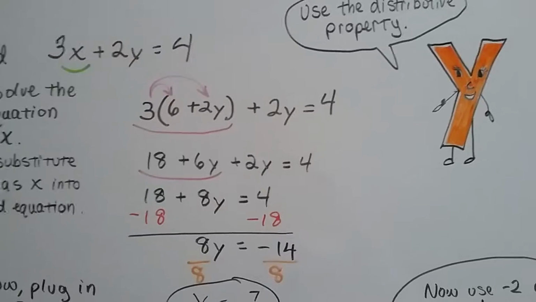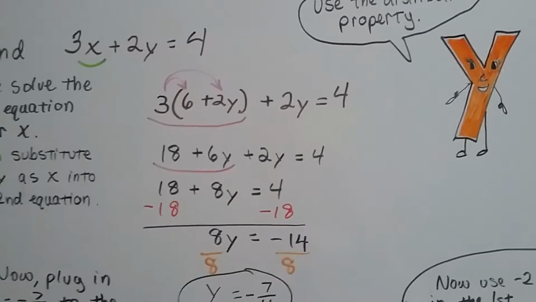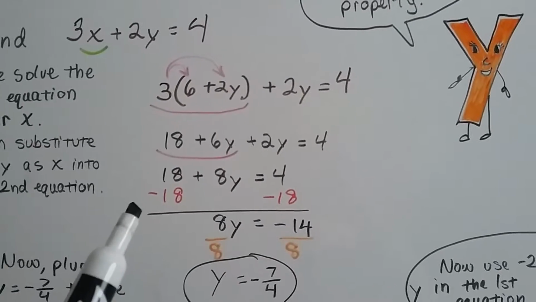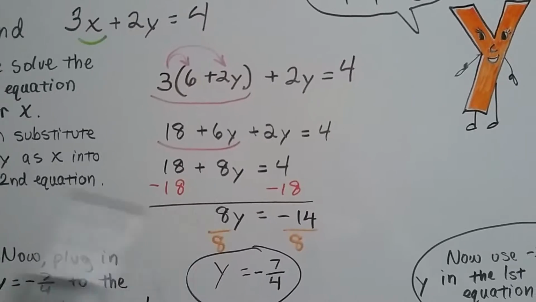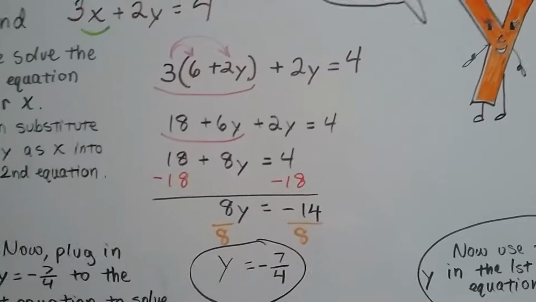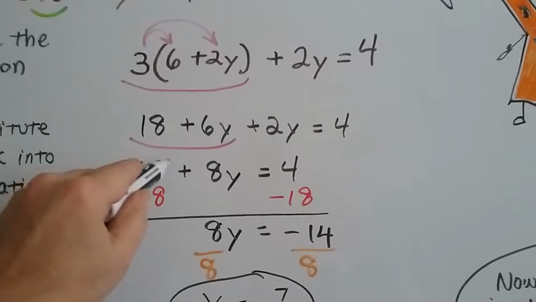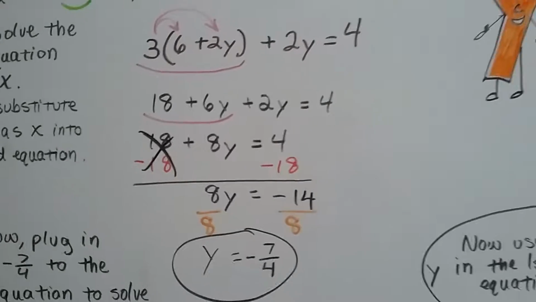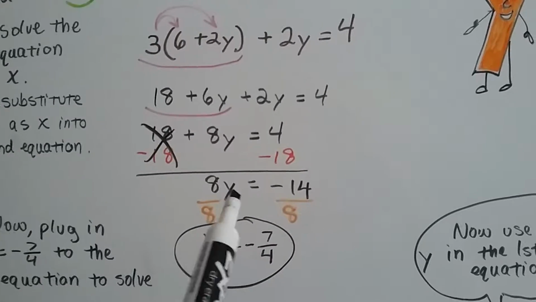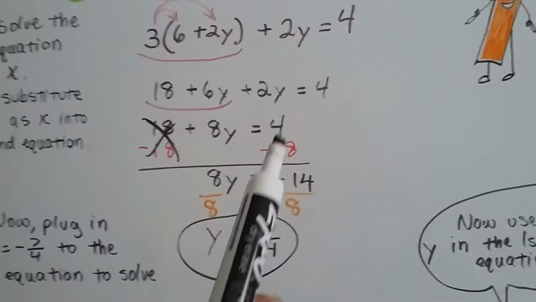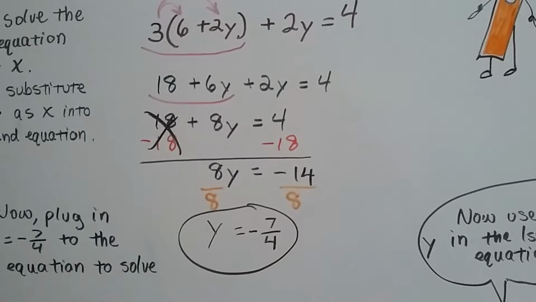A 6y and a 2y makes an 8y, doesn't it? And now we can solve it for y by subtracting 18 from each side using additive inverses. We know that's going to create a zero pair here, right? And eliminate that. So now we've got 8y equals negative 14, because positive 4 take away 18 is a negative 14.